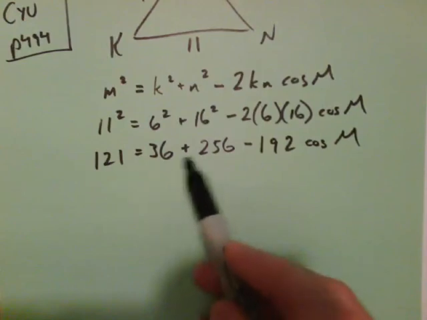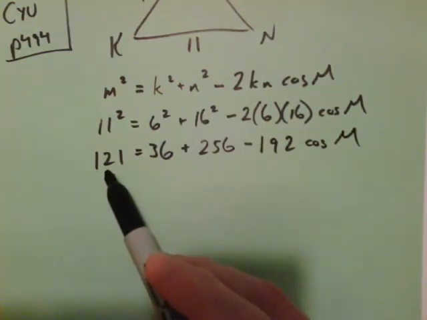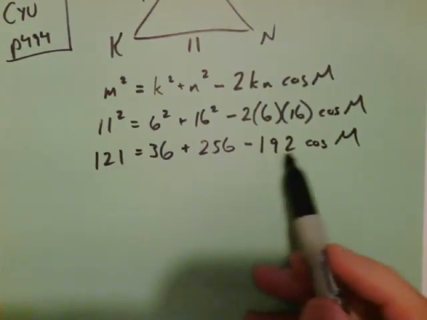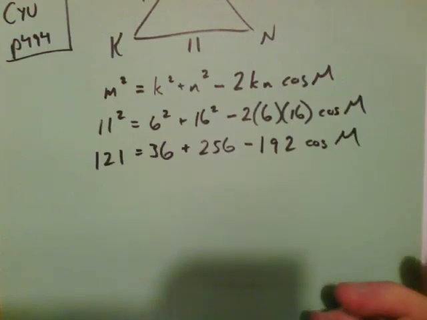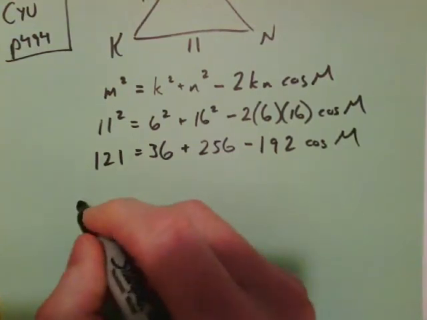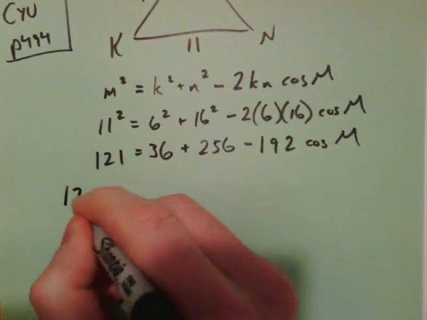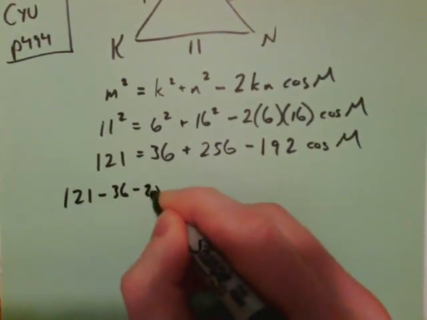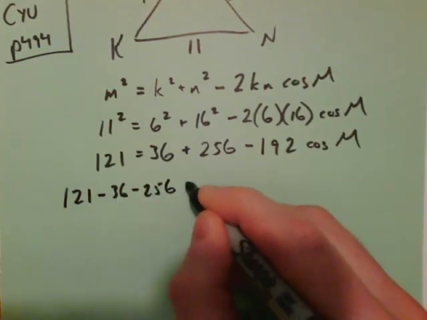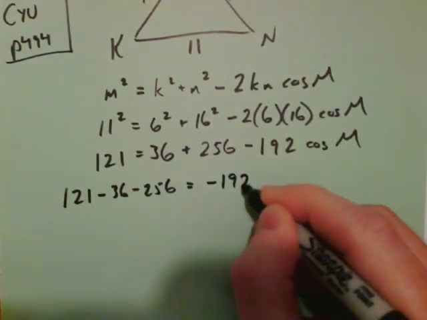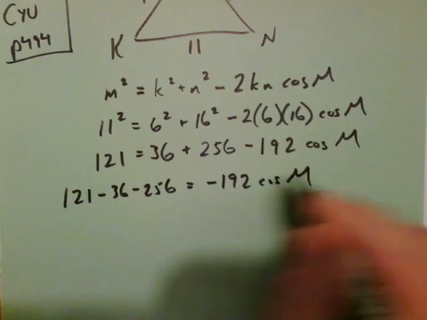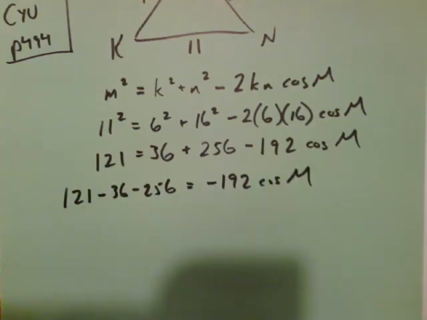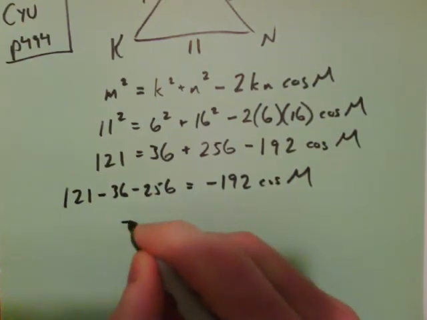We're going to subtract these two from this, then divide by negative 192 to give us cos of m. So 121 minus 36 minus 256 equals negative 192 cos of m. This is 121 minus 36 minus 256 equals negative 171.